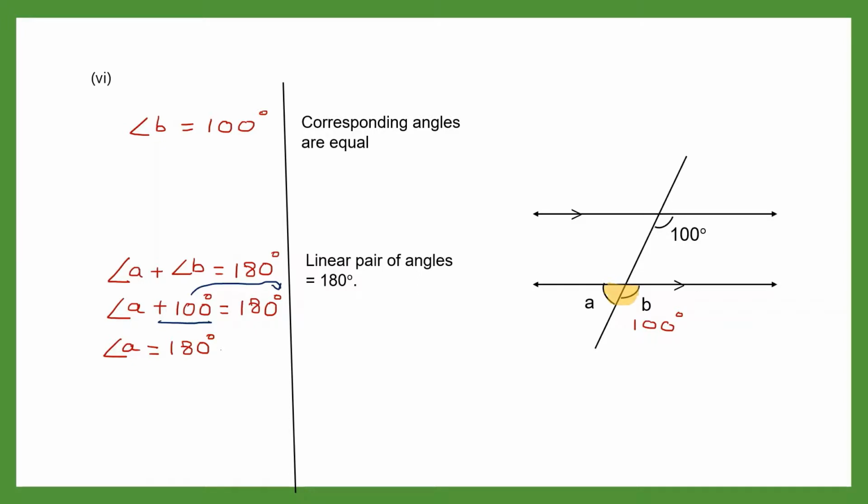It will become minus 100 degrees. So angle A will be equal to 180 minus 100, which is 80 degrees. So now I have the value of angle A, that's 80, and angle B is 100 degrees.